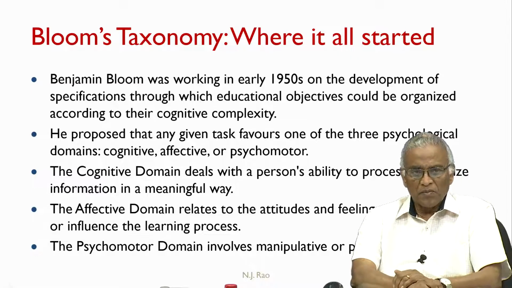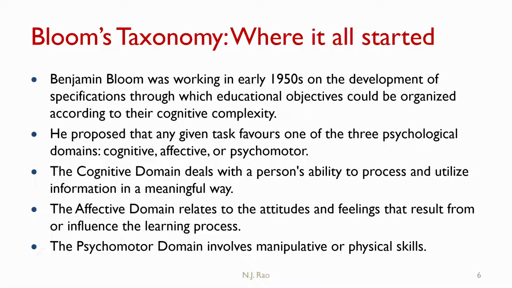Here we are talking of three domains: cognitive, affective and psychomotor. The cognitive domain deals with a person's ability to process and utilize information in a meaningful way. That is what people seem to be understanding a lot more. Earlier the word used was intelligence. Classifying intelligence means you are looking at the cognitive domain.